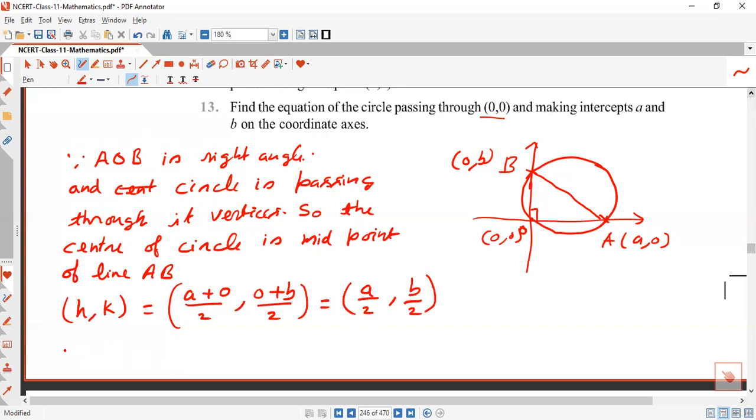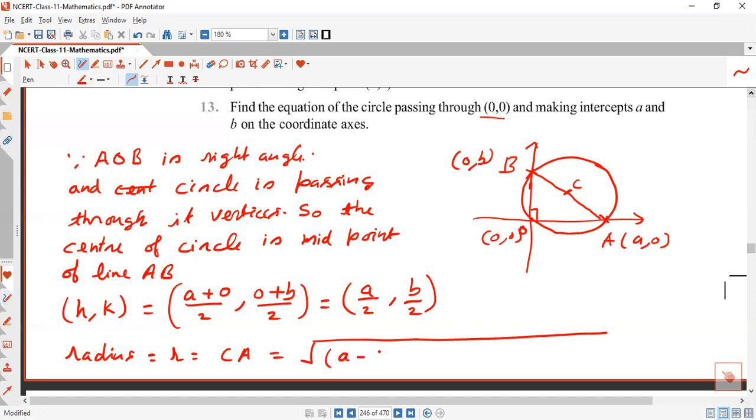Now, second, we have to find out the radius. From the center to the point A, say h, k is the center. The radius will be equal to what? The coordinate of A, and this is the center C. CA is the distance, so radius r equals CA, and we apply the distance formula here. We get r equals under root of (a minus a by 2) whole square plus (0 minus b by 2) whole square.